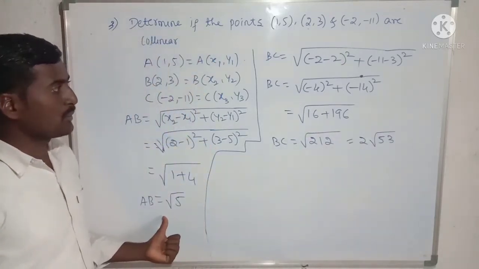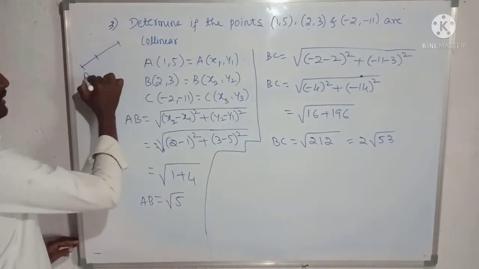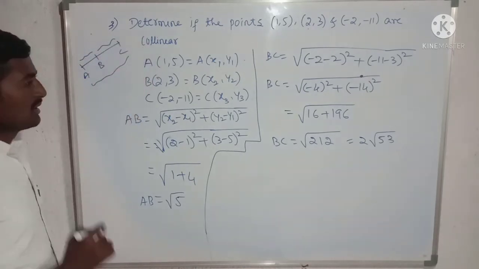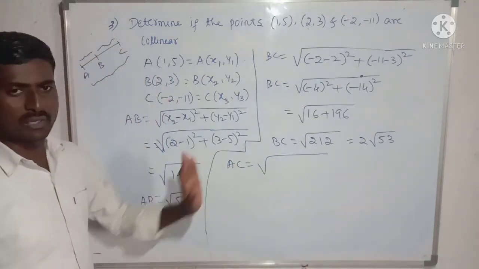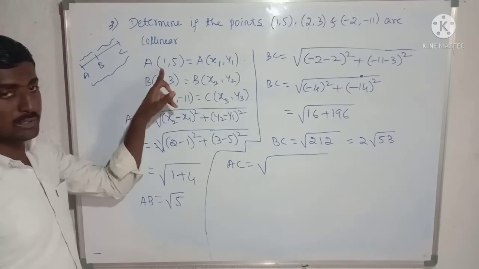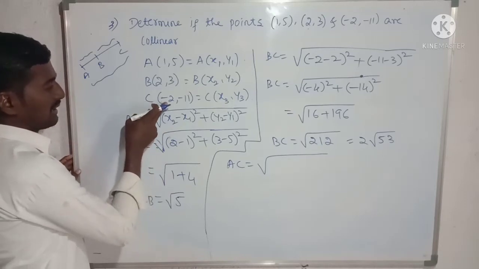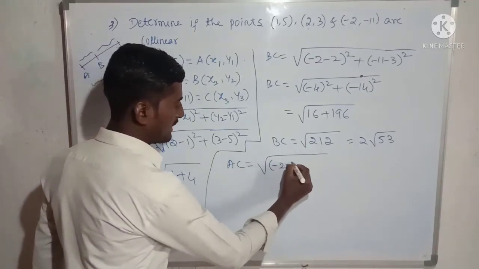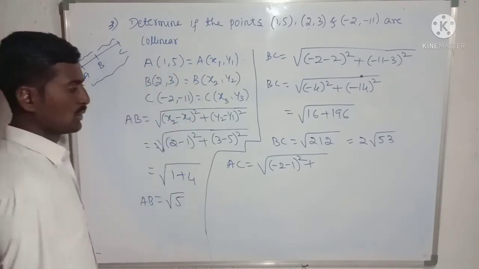So yes, AB we got, BC we got. Then what you have to find? AC now. AB is over, BC is over, then you have to find AC. Now AC distance. AC is equal to under root of. Again same, no need to write the formula, already we have written it once. A and C, concentrate on these 2 points only. Whatever may be the x1 y1, whatever may be the x2 y2. x coordinate, minus 2 minus 1 whole square, plus minus 11 minus 5 whole square.